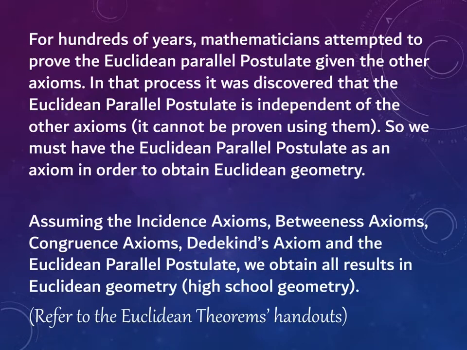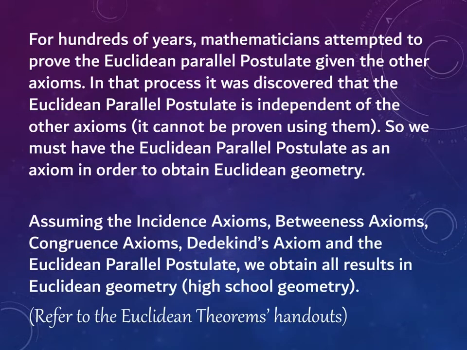On the first day of class, I handed out to you, I think it's about 5 pages or so, front and back, in a couple different forms, all kinds of Euclidean theorems. And we get all of those by having these axioms.